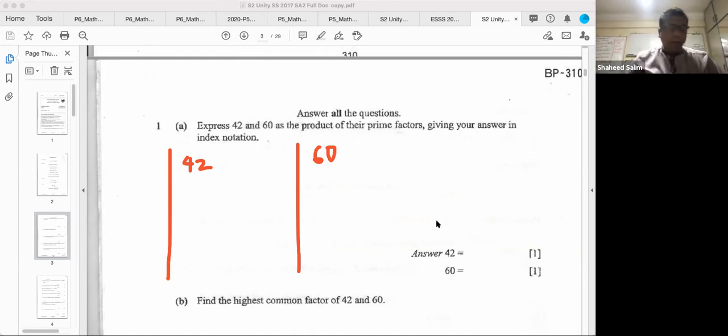Okay, well done for first one, correct? 42, correct? For 60. 42 is correct. So 42, I just write down.